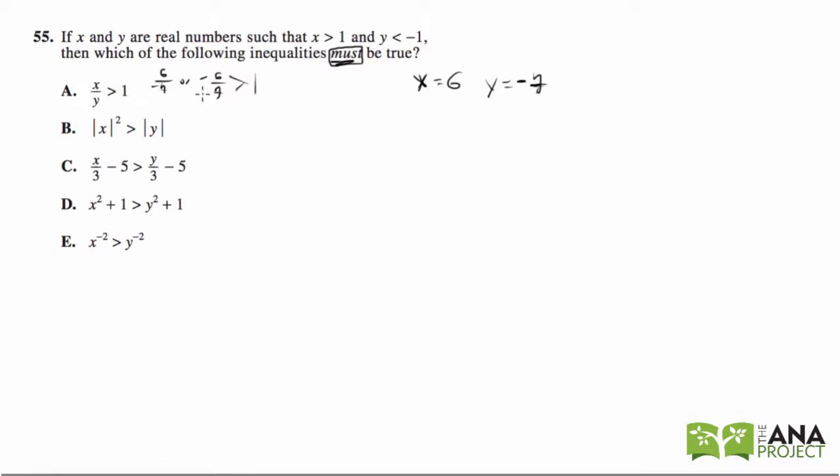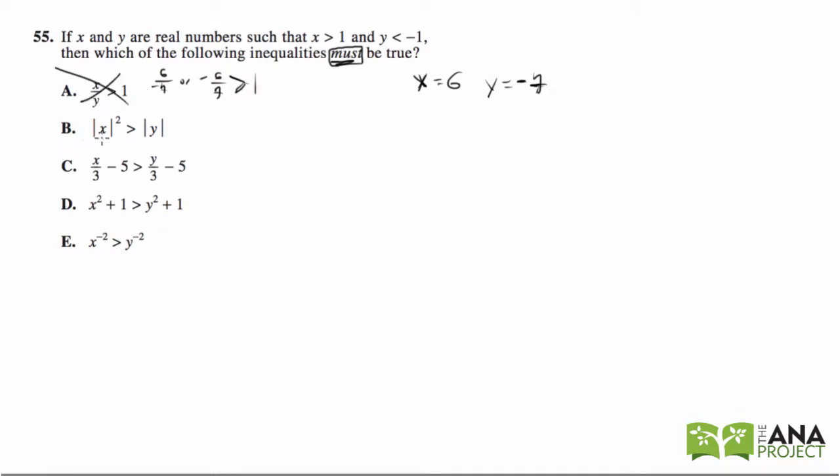And that is not true. It's not going to be true for any positive and negative combination: when you divide a positive by a negative or a negative by a positive, it's going to be negative. So it can never be greater than 1. This is definitely false.